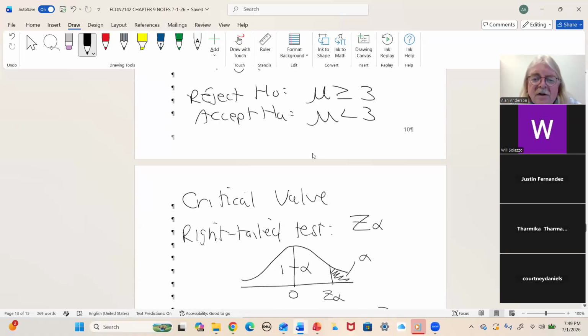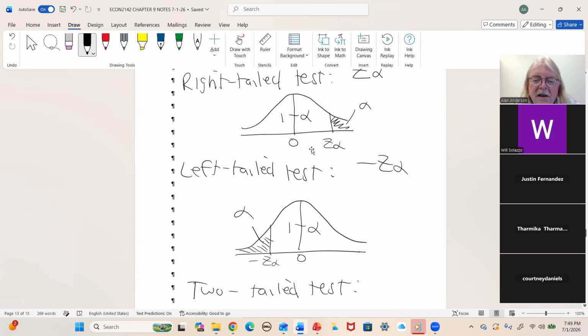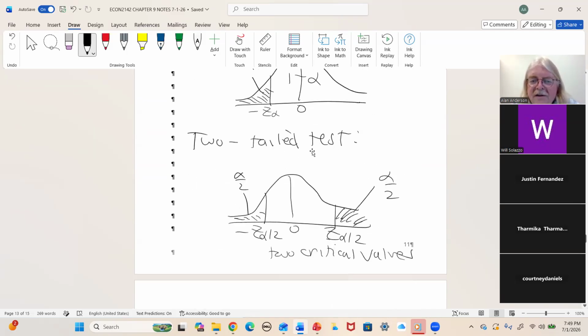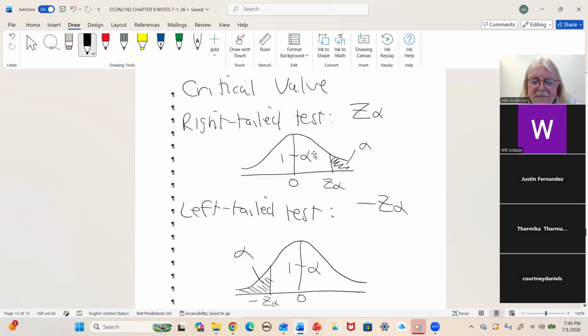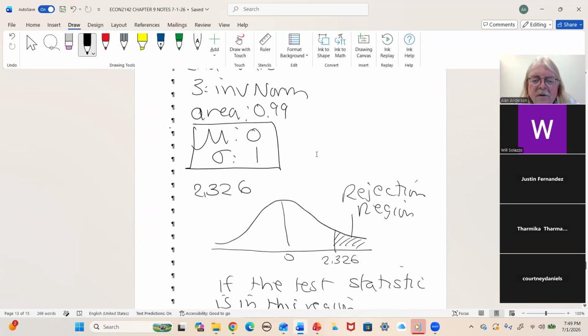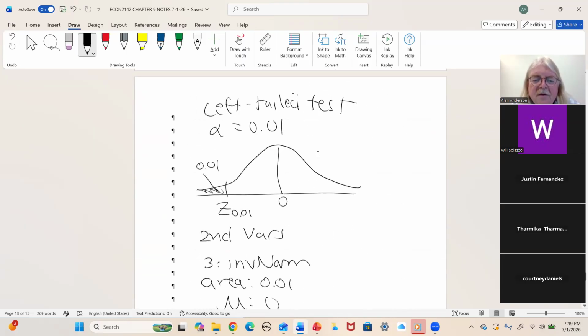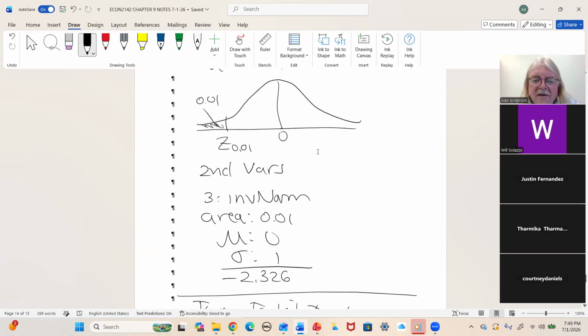If we use the test statistic approach, we have to find the critical value based on whether it's a left, right, or two-tailed test. And in this case, it's a left-tailed test.